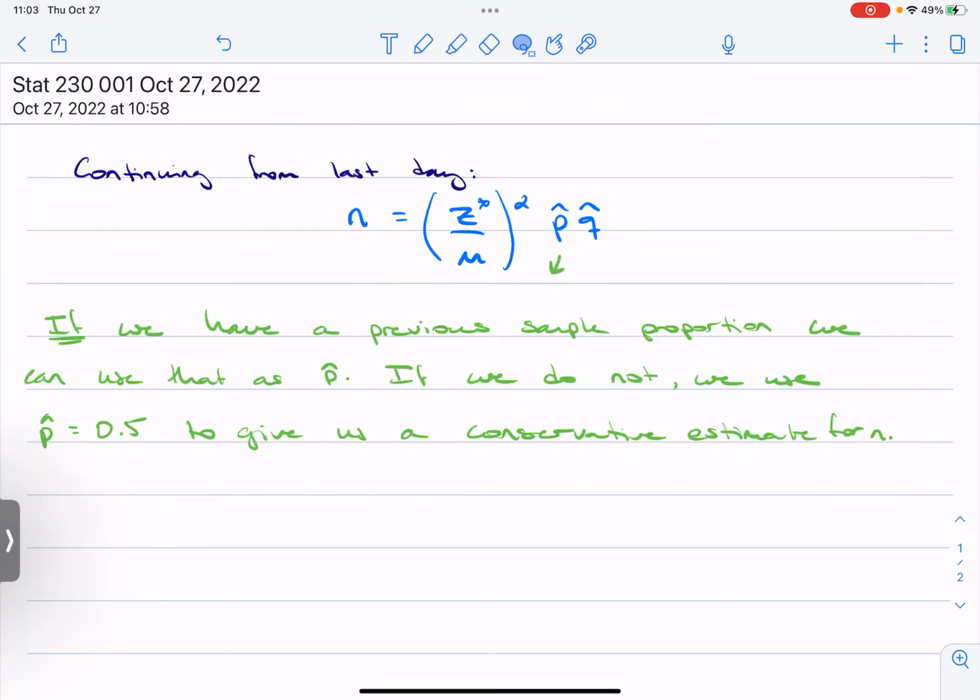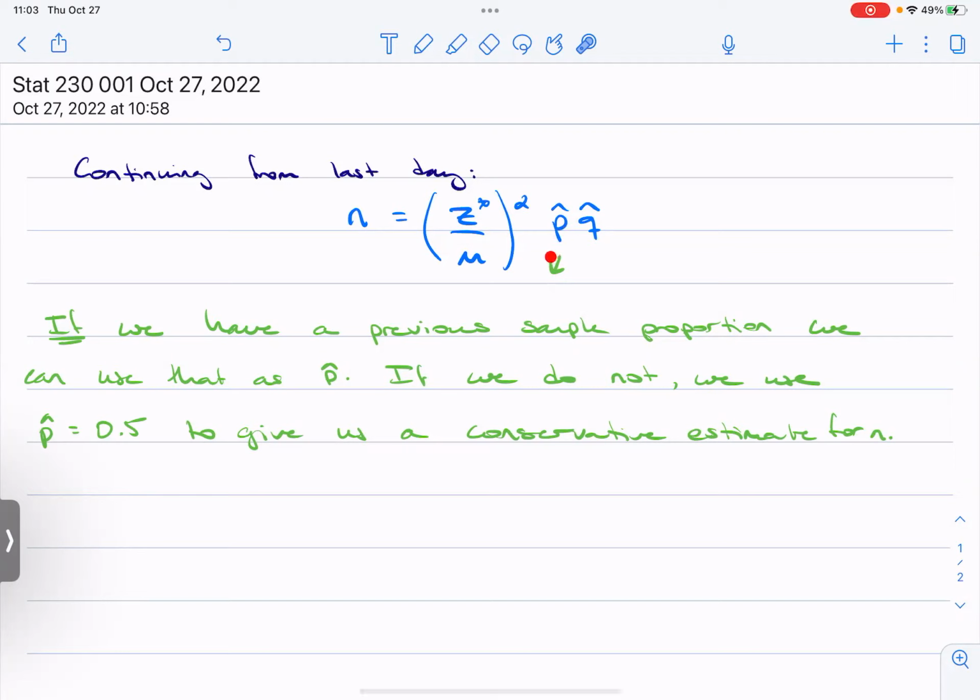Okay, so we solve for n, where m is the margin of error, z star comes from the confidence level that we want, and then p hat, q hat. Where I rushed through, I said, okay, if we have a previous sample proportion, so from a sample the year before or something like that, then we can use that as our p hat.